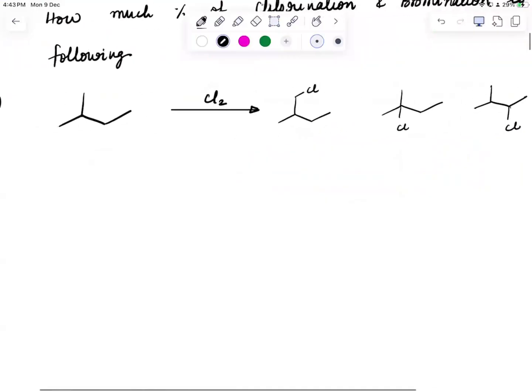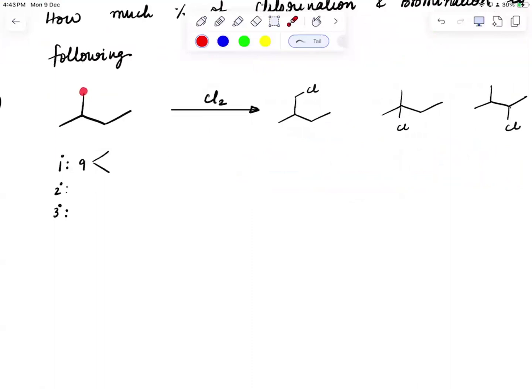Now, percentage wise, if you notice, there are 1 degree hydrogens, 2 degree hydrogens, and 3 degree hydrogens. 1 degree, I have 9 of two kinds. Why? Because putting chlorine here and here is the same, but putting chlorine here is different because you will get two different types of products.